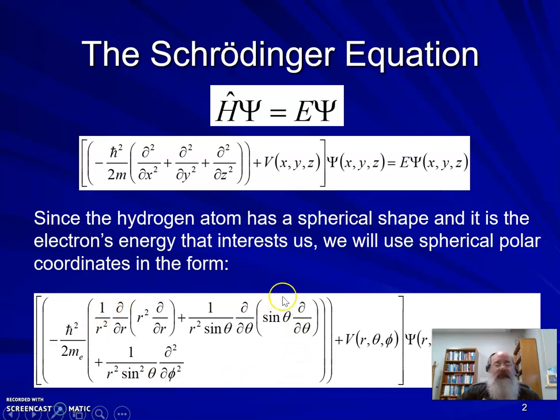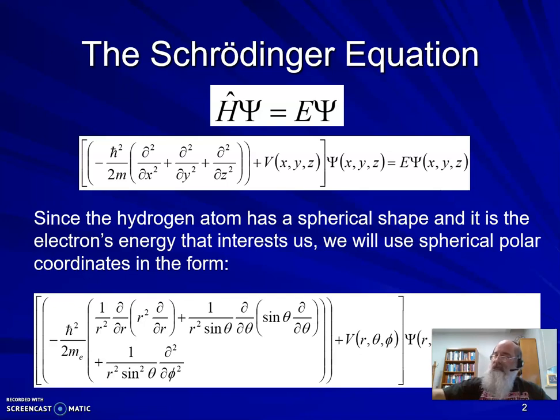This will be given to you on tests if it's necessary. But that is a mathematical conversion of this sum of second partial operators to spherical polar coordinates. It's a derivation we could do. It's one you may have done if you took Calc 3 or Calc 4, whichever one they do those in.